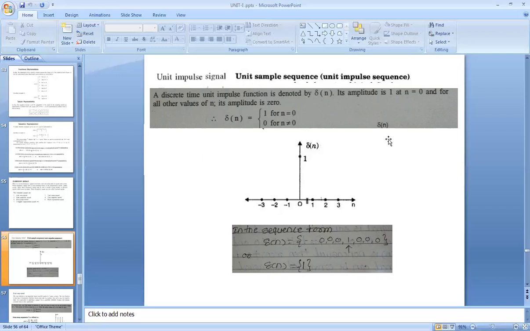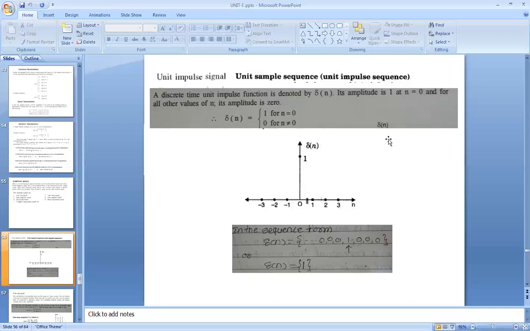Its amplitude is 1 at n is equal to 0, and for all other values of n its amplitude is 0. Mathematically, del of n is equal to 1 for n is equal to 0 and 0 for n is not equal to 0.